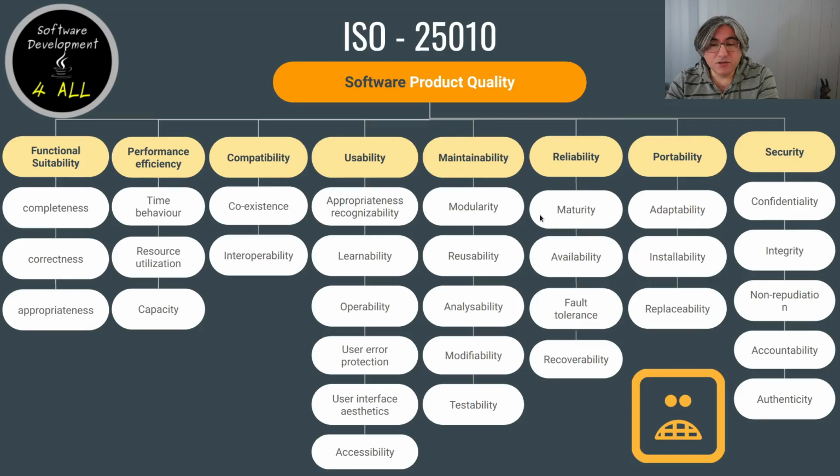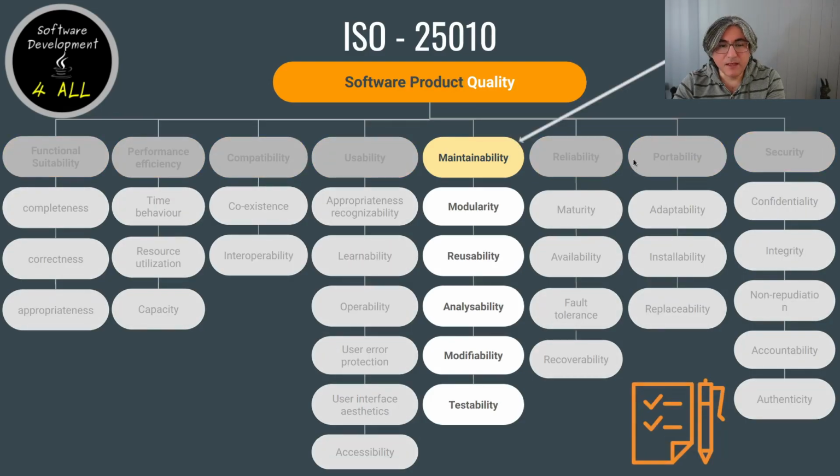Not all of these will directly be measurable or influenced by the source code because it describes the whole product. What we would like to focus on is really the source code part. You can find the most relation to code quality in the maintainability part.